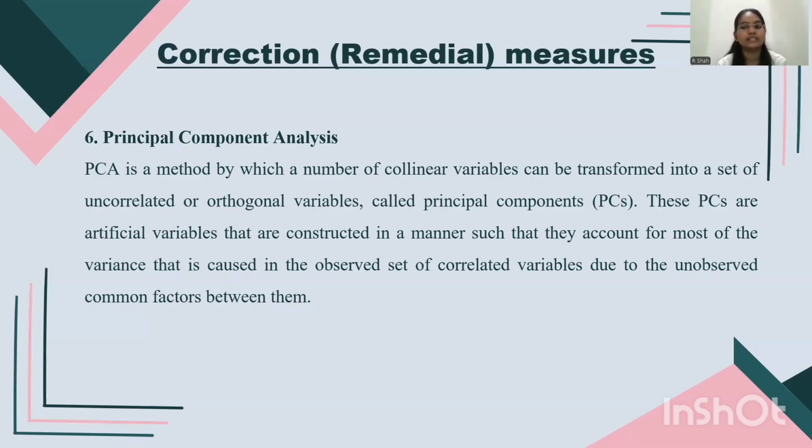These principal components are artificial variables that are constructed in such a manner that they account for most of the variance in the observed set of correlated variables due to unobserved common factors between them.